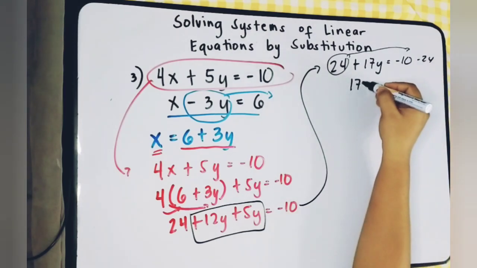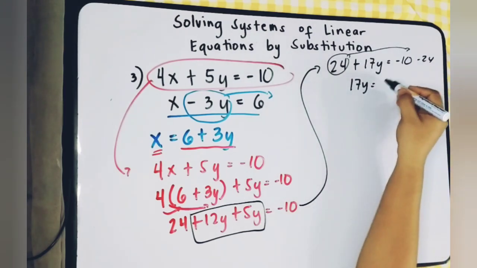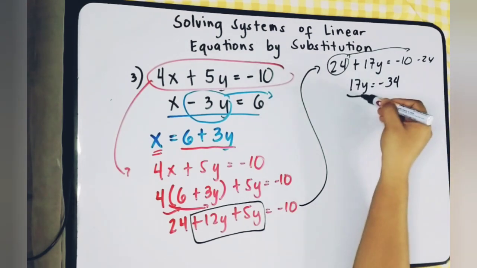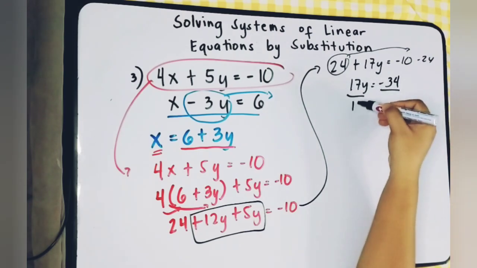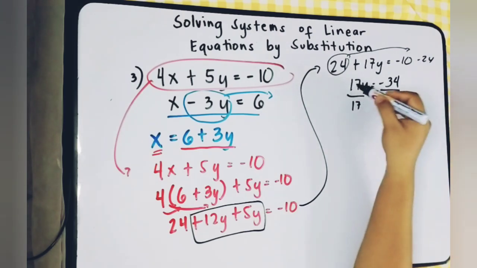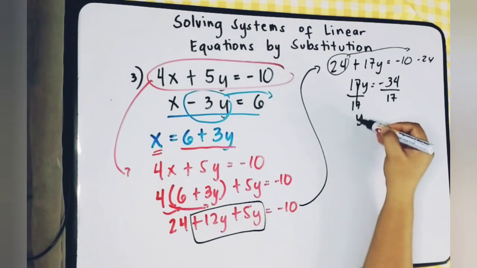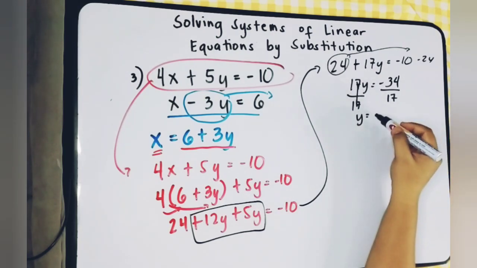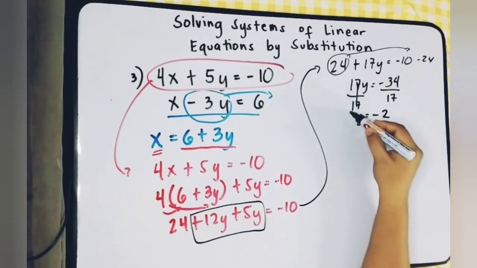So, we have 17y equals negative 10 minus 24, that is negative 34. Then, solve for y. Divide both sides by 17. So, y is equal to negative 34 divided by 17, that is negative 2.